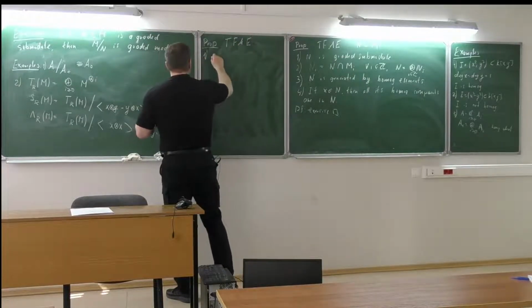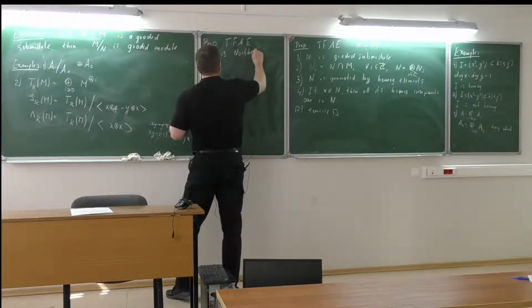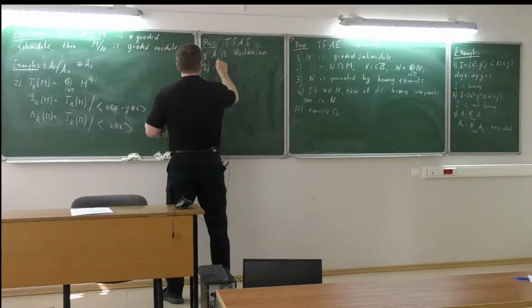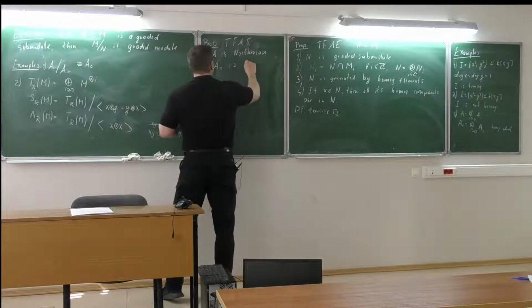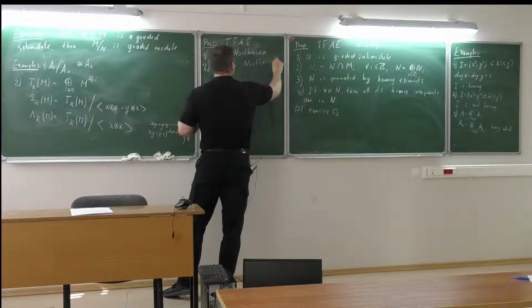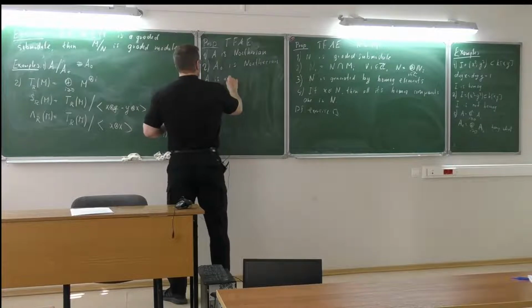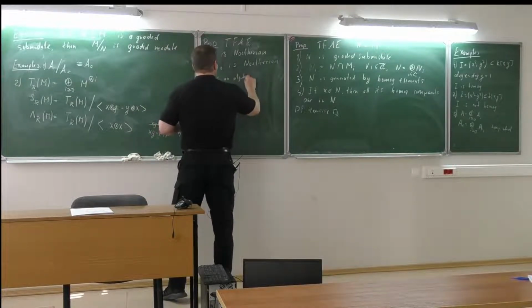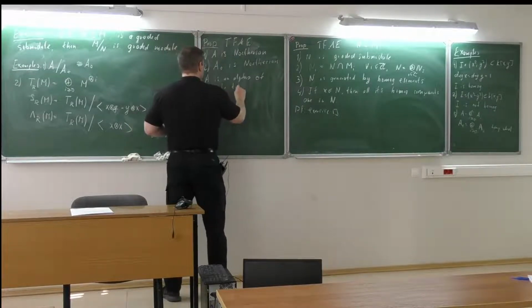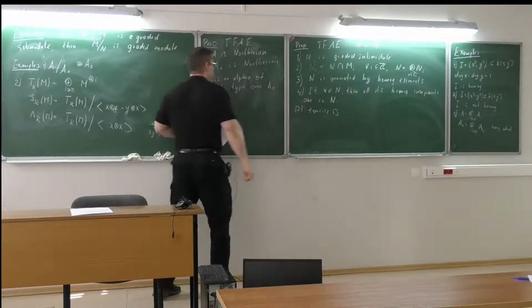So the first property is that A is Noetherian, and 2 is the following: A0 is Noetherian, and A is an algebra of finite type over A0.